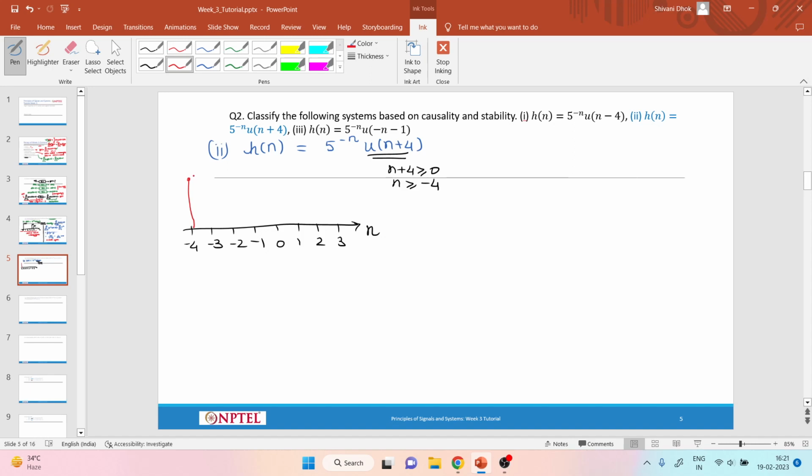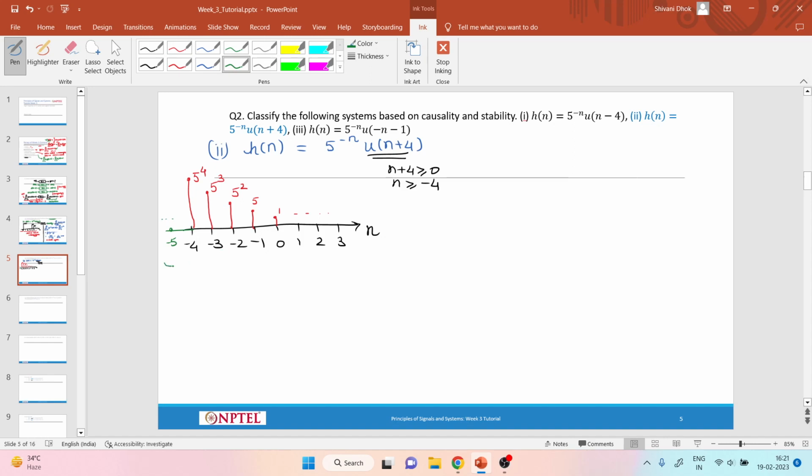So here I have 5 power 4, then I'll be having 5 cube, 5 square, 5, 1, and so on. Now if we observe this range, before this it will be 0, that is at minus 5, and before it will be 0.